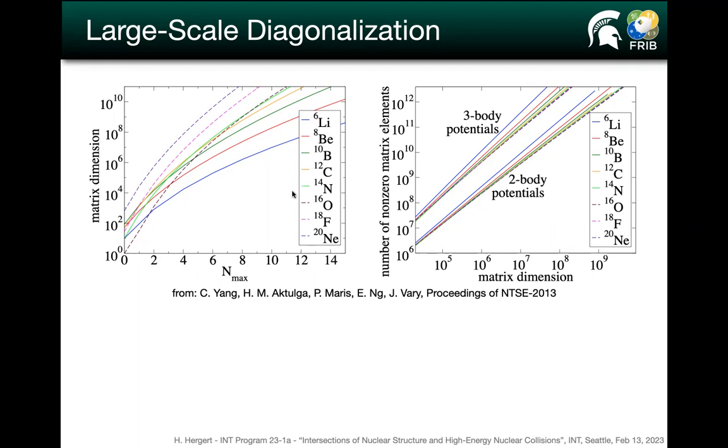You see that the matrix dimensions quickly reach 1 billion or 10 billion, and the number of non-zero matrix elements, although the matrix is extremely sparse, right? It's just 10 to the 12 matrix elements out of 10 to the 20 or more. Still, it requires so much storage that you would need an entire supercomputer just to hold the Hamiltonian in memory, if you're not clever about it, of course. So this is a huge problem.